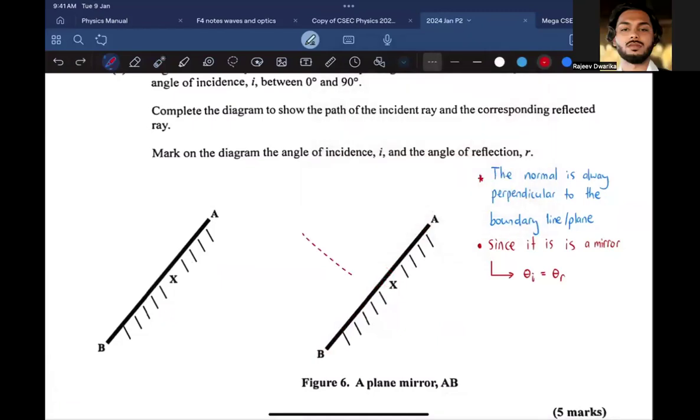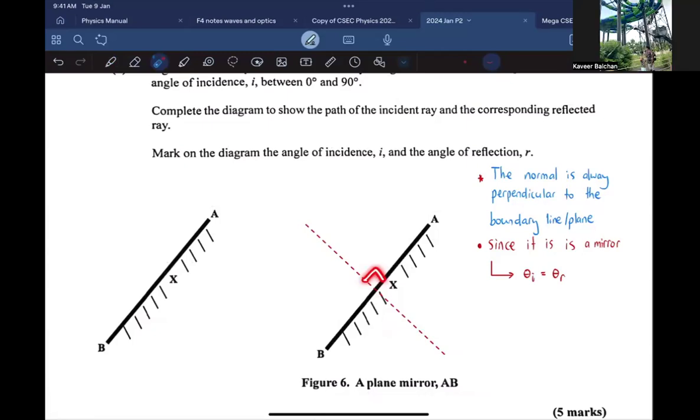All right, Justin. I need you to understand that the normal, which is what you measure the angle of incidence and angle of refraction in reference to, is always 90 degrees to the boundary plane. And the boundary plane is just the line where you change your medium. Justin, can you see 90 over here?